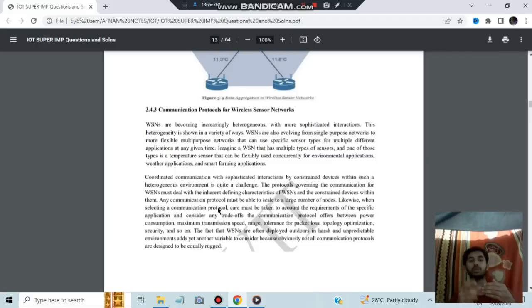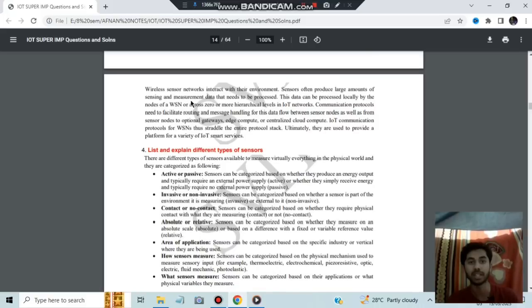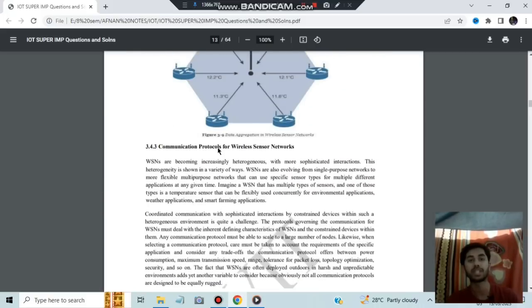No, UDP will be used, because UDP will transfer faster. If you're looking for secure communication, TCP will be used. If you're looking for parallel communication, we will be using asynchronous methods. Like that, the things are defined here. And what are the actual standards of the communication protocol? That is not given here.